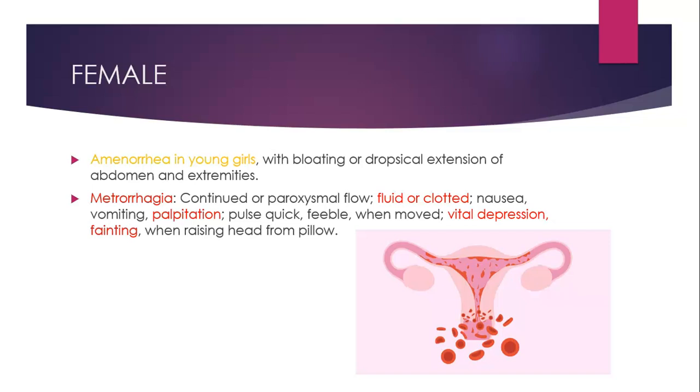Along with metrorrhagia, you have nausea, vomiting, palpitation, pulse quick, feeble when moved, vital depression and fainting. So you have a lot of features accompanying metrorrhagia, where you have a mixed type of bleeding. You can expect a fluid type, a very free flow of blood, or it can have a clotted kind of bleeding also, along with nausea, vomiting. You have palpitations. You kind of have fainting. It's kind of a syncope, or like symptoms of shock itself.